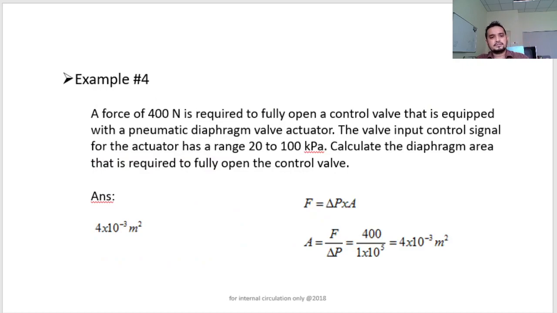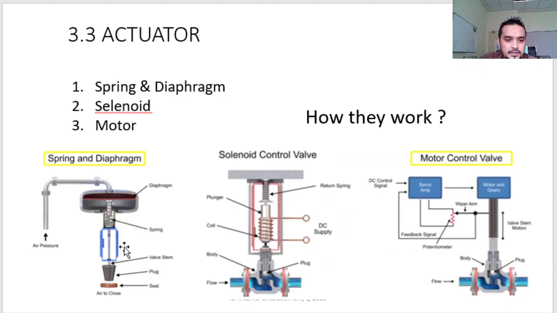Now example 4. A force of 400 Newton is required to fully open a valve that is equipped with a pneumatic diaphragm valve actuator. They clearly mention this because previously, the one I showed you was a spring and diaphragm.